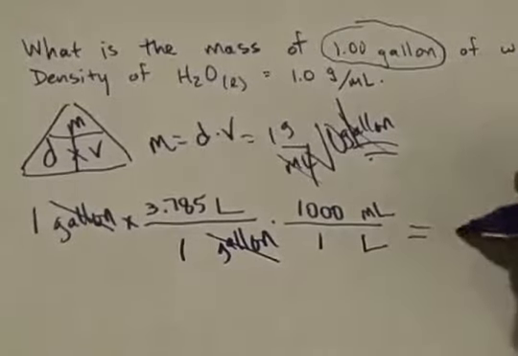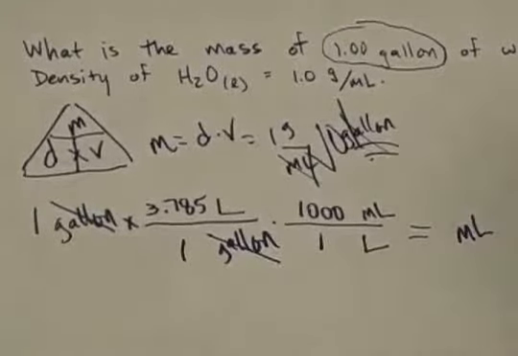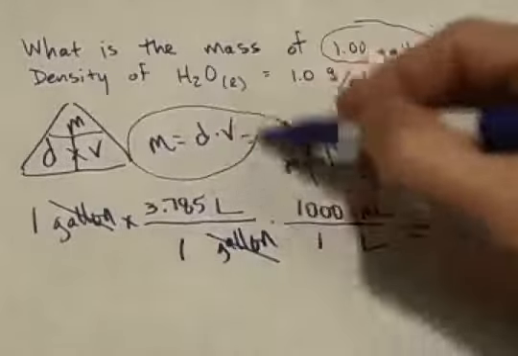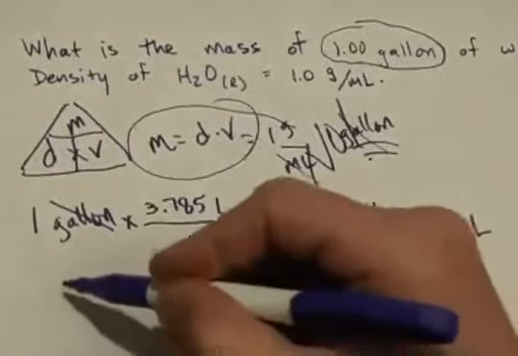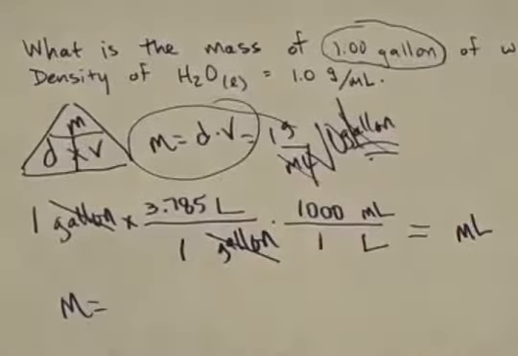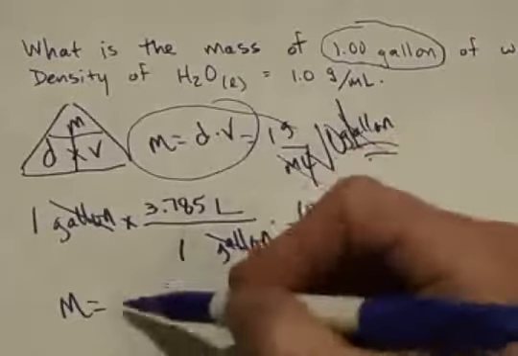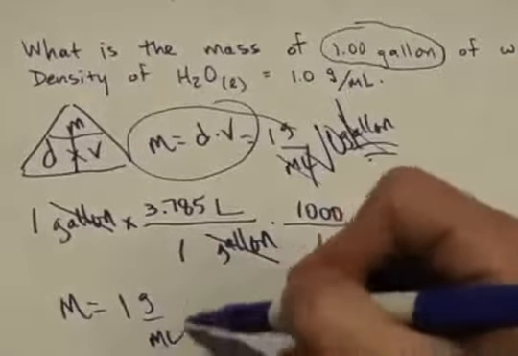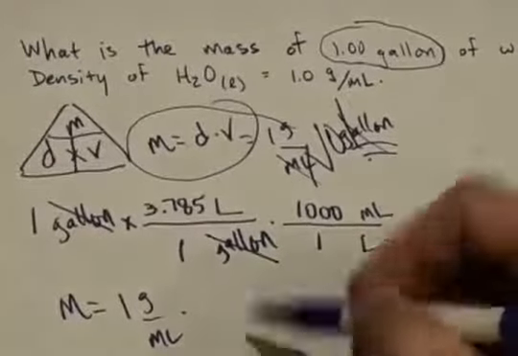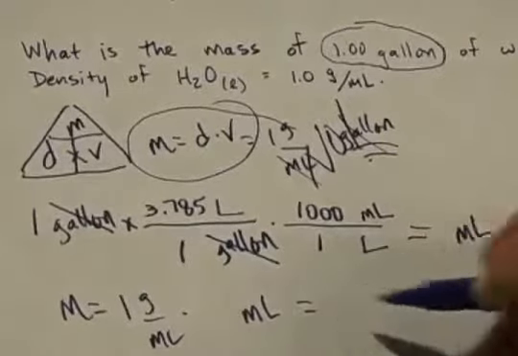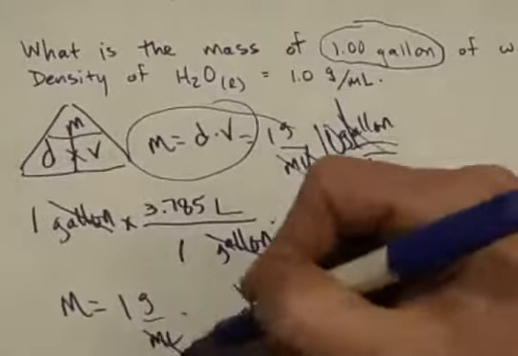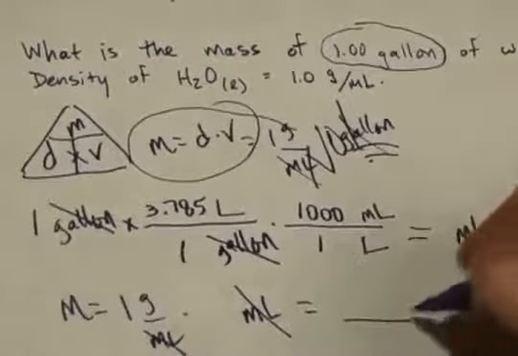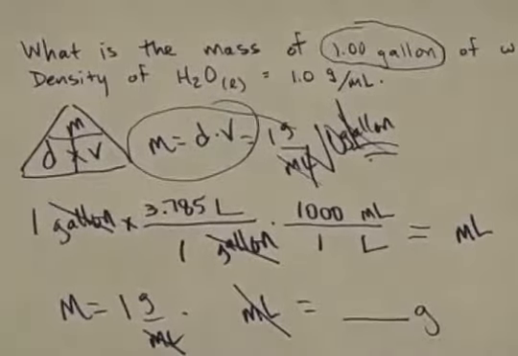Once I've got my volume measured in milliliters, then I can plug it into the density equation, where I can say my mass is equal to my density, 1 gram per milliliter, times my volume in milliliters. Notice my milliliters will cancel with my milliliters, and I'll end up with my mass in grams.